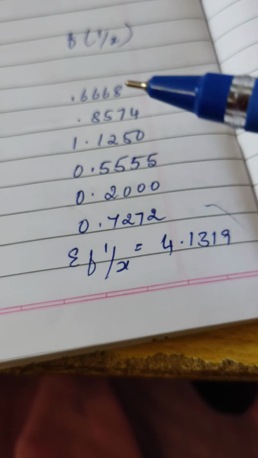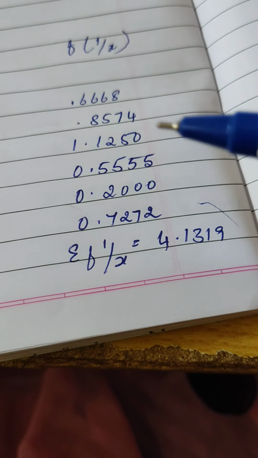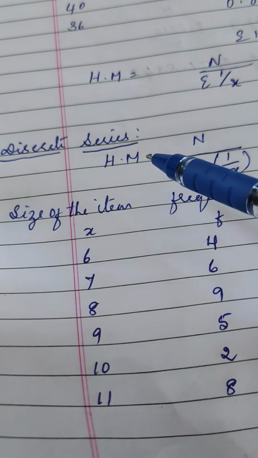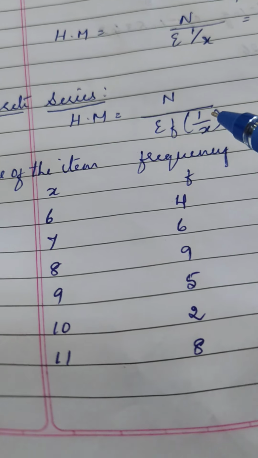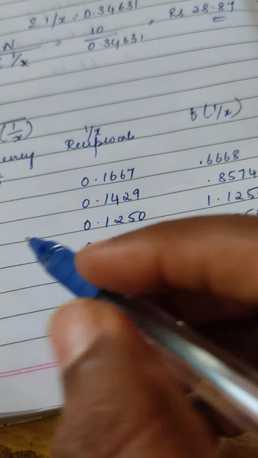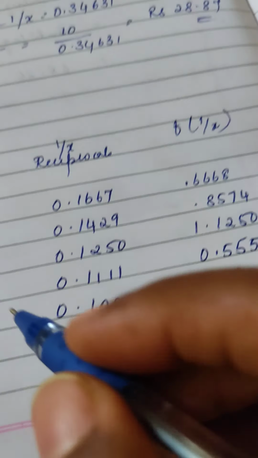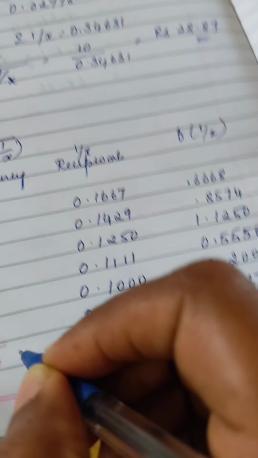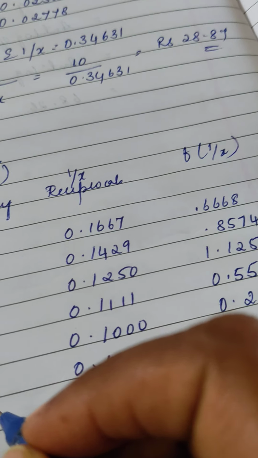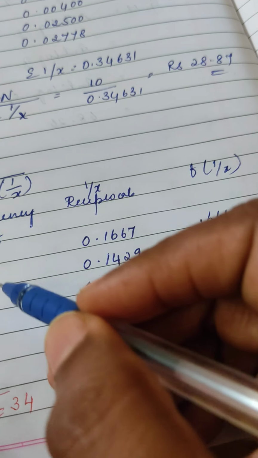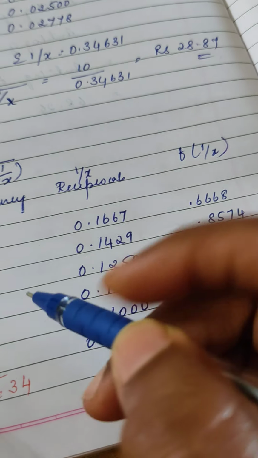Once you get this value, we have to apply it in the formula. The formula is harmonic mean is equal to n divided by sum of f into 1 by x. So we need n. What is the value of n here? n is 6, 10, 19, 24, 34.